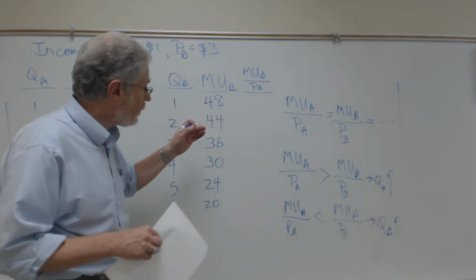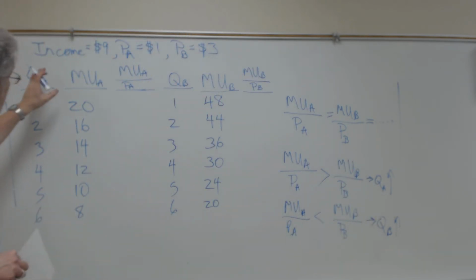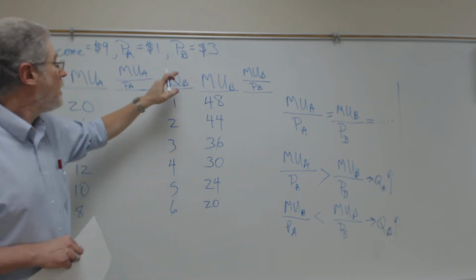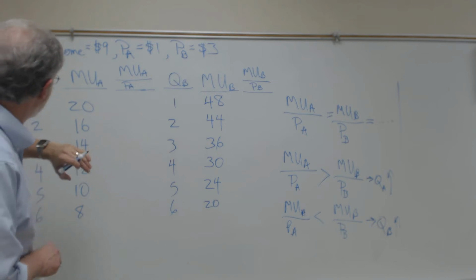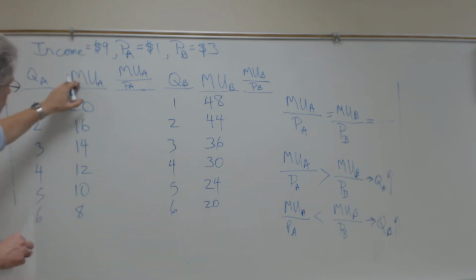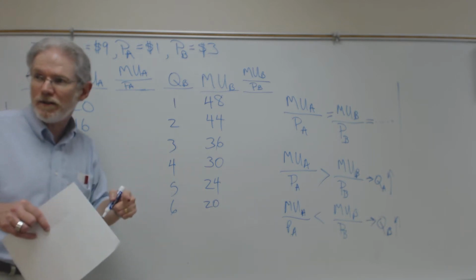Now, how does this work out? Well, think about what you've been given here. You've been given the income that you have to spend, the price of each good, and the utility schedules. This is showing you the extra satisfaction this consumer gets from buying the first apple, the second apple, third, and so on. Notice diminishing marginal utility.